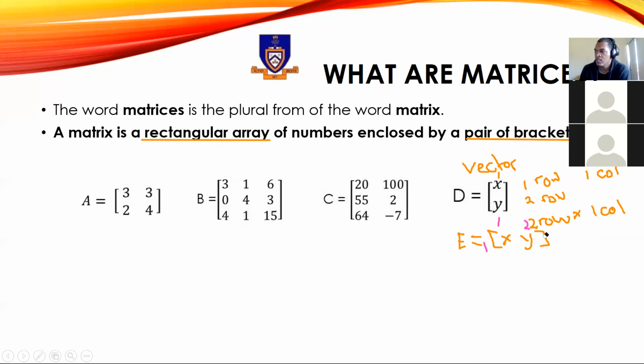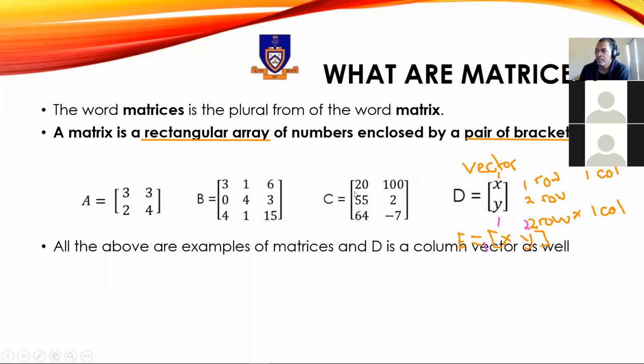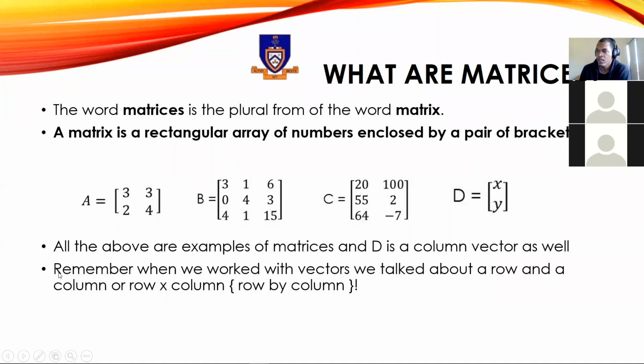I hope that part is clear for now, but we will still spend a lot of time understanding those things. All of the above are examples of matrices, and D is a column vector as well. I've explained why. Remember, we work with vectors. We talked about a row and a column, or row by column.